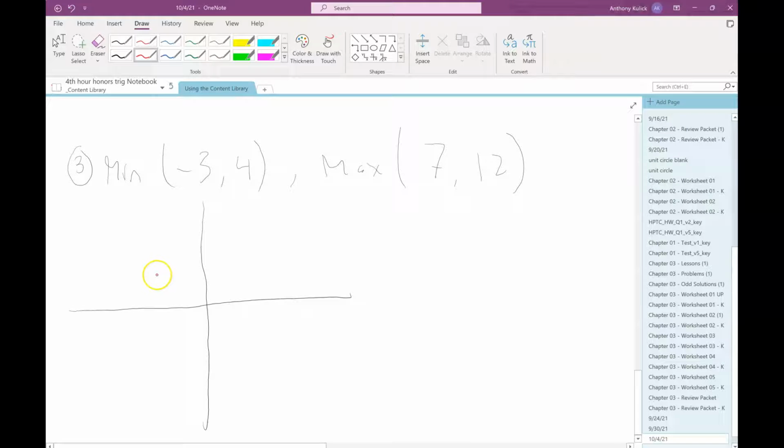So let's see. (-3, 4) is maybe there. And (7, 12) is maybe up there, right?